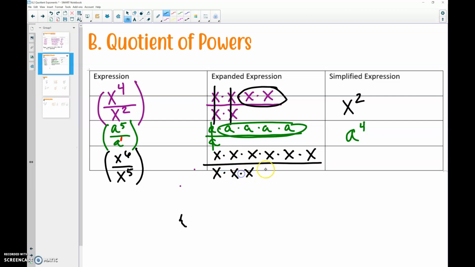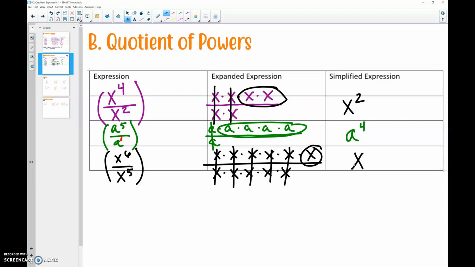And you don't necessarily need those dots in between. We know we're multiplying if they're written next to each other. So if you've got it all expanded, cancel out pairs of x's, top and bottom. We're left with just 1 x on top. So we'll write 1x.